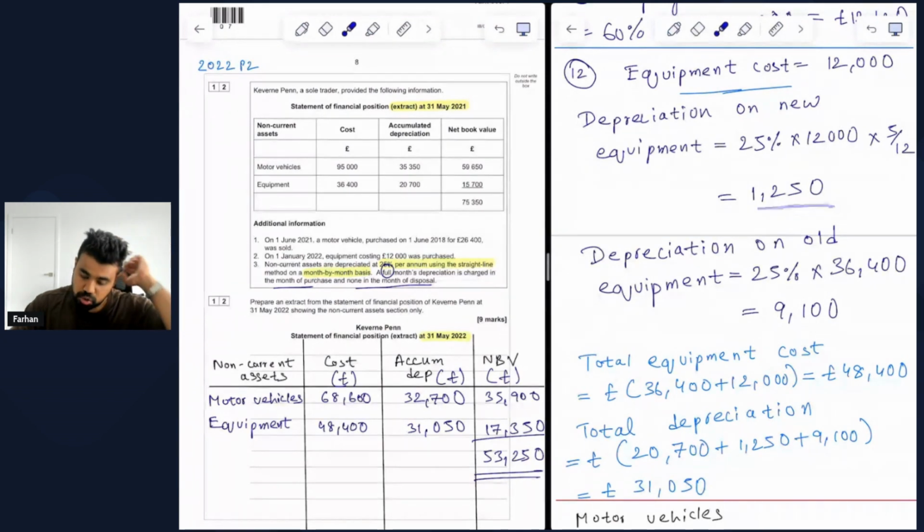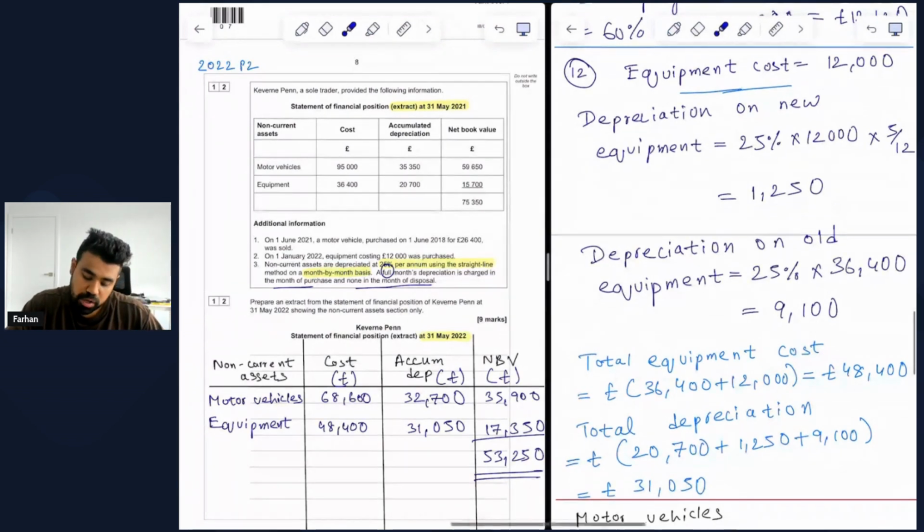Next, we have to calculate the depreciation on the old equipment. Now, the total cost for the old equipment is already given to us at the very beginning for the statement of financial position extract at 31 May 2021, which clearly says equipment at cost is £36,400.